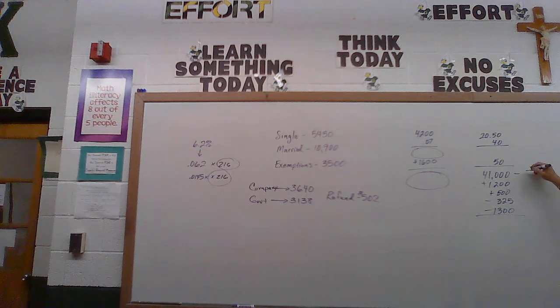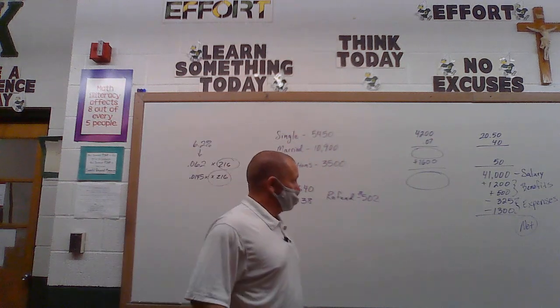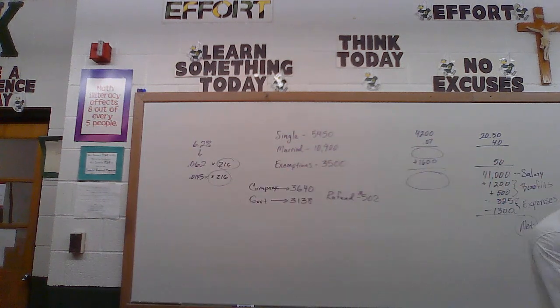So again, my salary, these would be my benefits. We add our benefits, and then these are my expenses, and I subtract them out. This should get my net. Anytime we talk about net, we're talking about the grand total, right? Can anybody do it besides Donald?